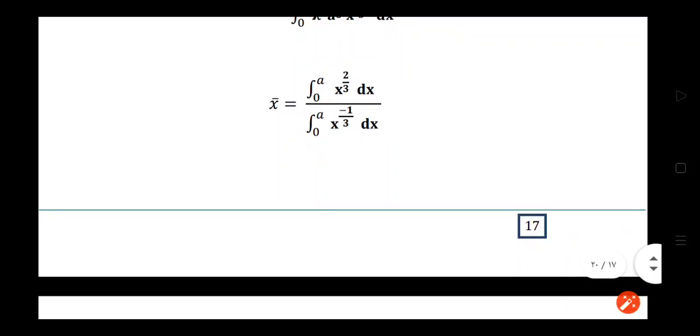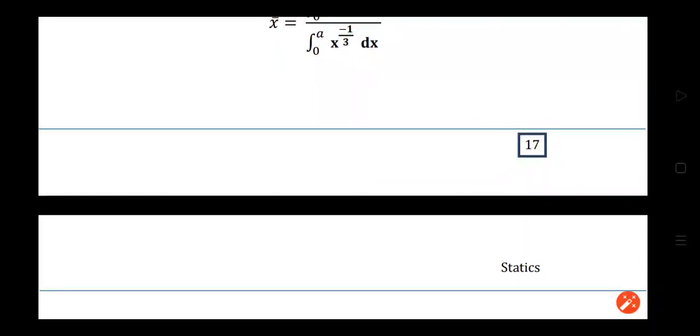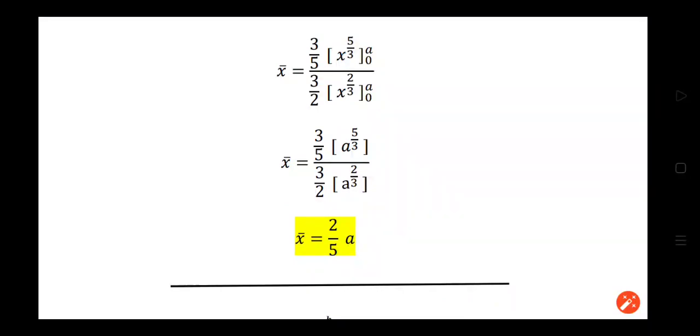The integration of x power 2 over 3 will be x power 5 over 3 over 5 over 3, and the integration of x power negative 1 over 3 will be x power 2 over 3 over 2 over 3. Let us see, 3 over 5 x power 5 over 3 from 0 to a, over 3 over 2 x power 2 over 3 from 0 to a.